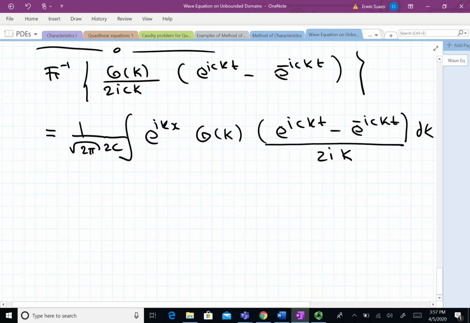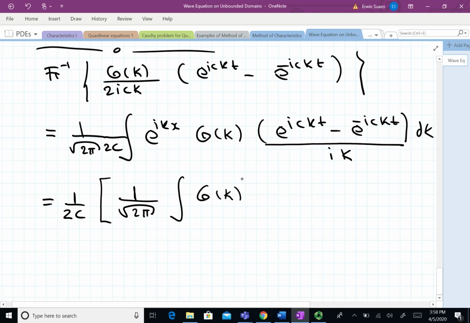So not two, just ik, right? Yes. Now I separate the integral in two, so I got 1 over 2c, and let's put it like this: 1 over the square root of 2 pi, integral of e to the ik. Well, okay, let's multiply, so it's clear.